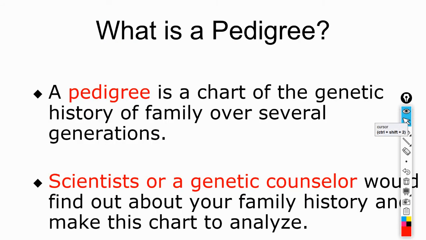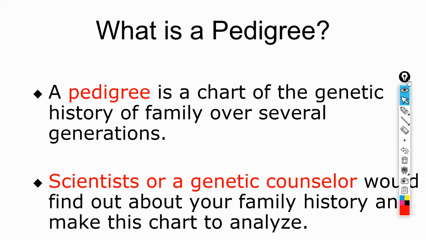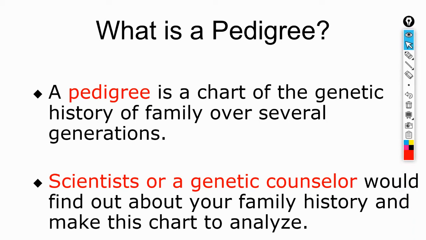So, switching gears, the last thing you've got to learn about today is a pedigree. A pedigree is a chart of the genetic history of a family over several generations. And we use that chart to predict offspring. Genetic counselors use this type of information so that a couple interested in having children can come in and determine if they have some of the same recessive traits, if they're carriers.